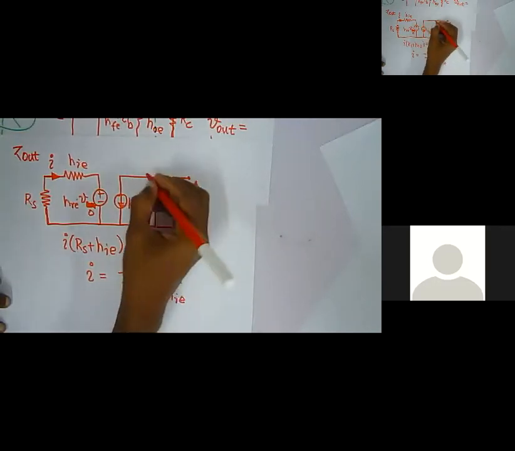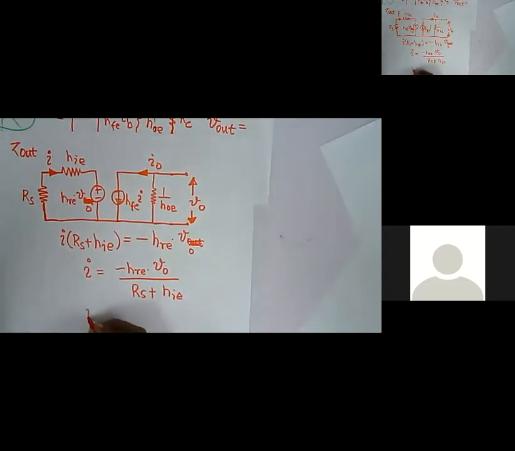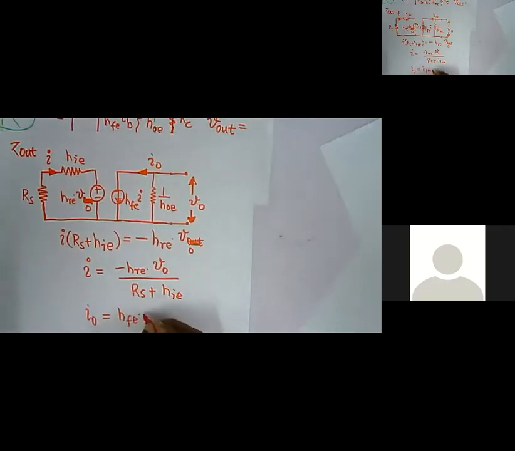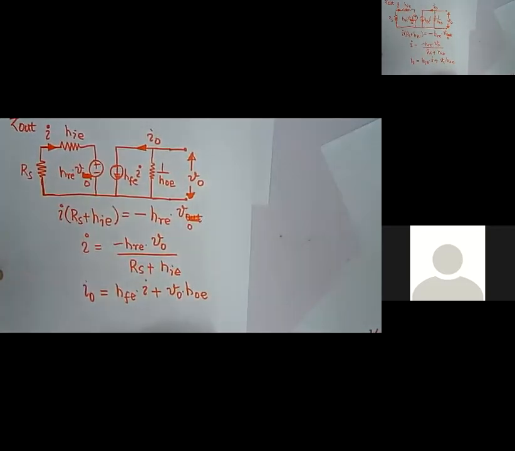Let this total current be IO. These two currents are going to be added together. So IO is equal to HFE into I plus VO into HOE. This is my whole equation.